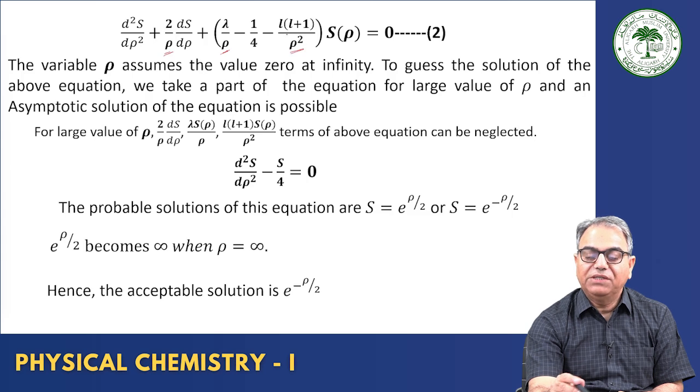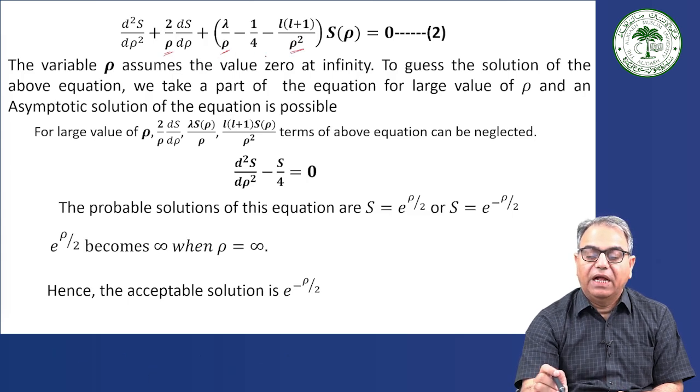So, for a very large value of rho, you can neglect all these parts, because you have rho in the denominator, and if you neglect all these parts, then what remains?